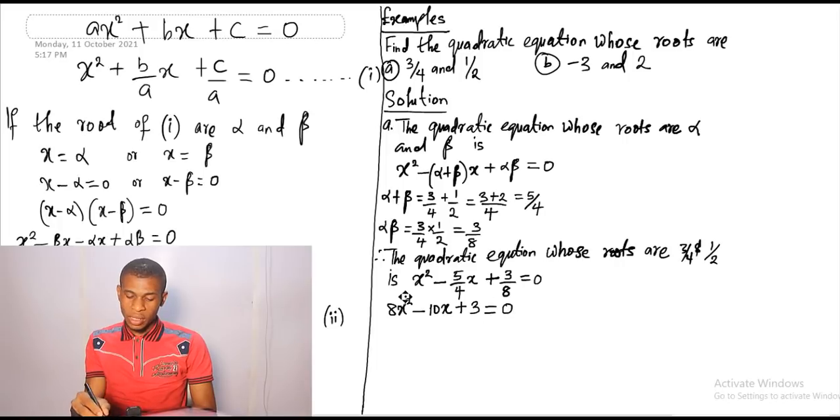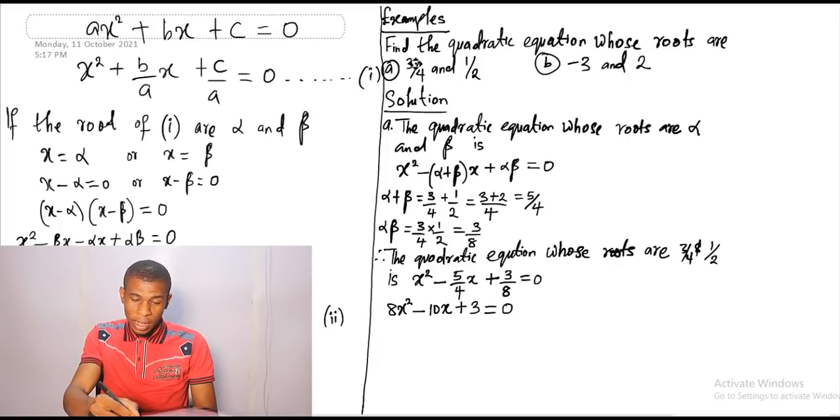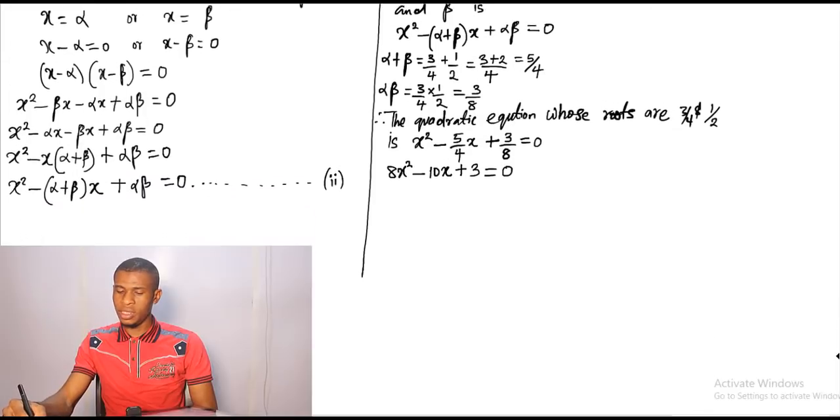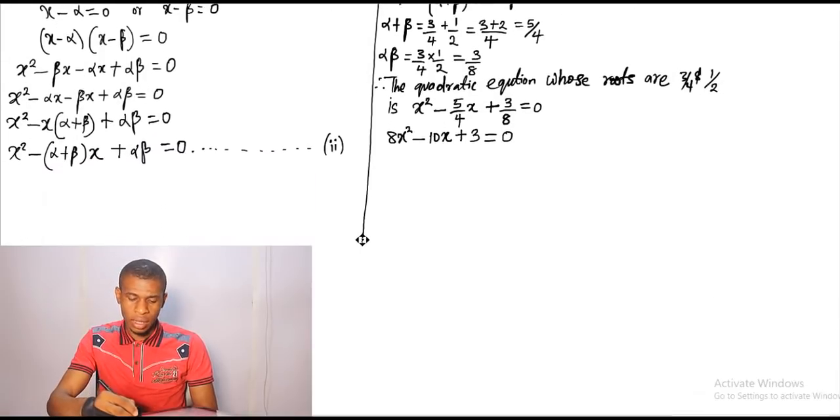So this is the quadratic equation whose roots are 3 over 4 and 1 over 2. As simple as it is, find the sum of roots, find the product of the roots, you put it in, you have your answer.